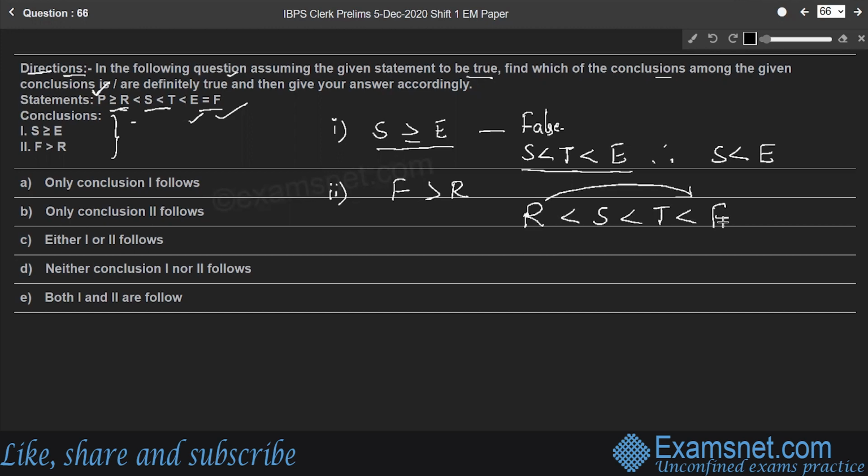Therefore, R is less than F, because all the other values, S and T, are less than F. Or we can write F is greater than R. Right? Therefore, conclusion 2 follows. So this is true. Therefore, only conclusion 2 follows. Hence, option B.